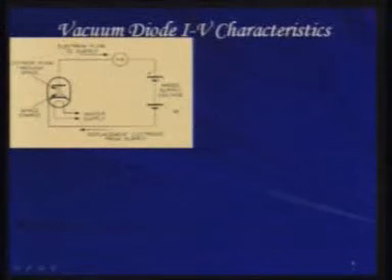Initially, if you don't have any voltage here, then what will happen? If this filament is heated, it will start heating this cathode plate, and it will start emitting electrons. However, they will not reach this point because there is not a heavy attractive force for them if we don't put any voltage there.